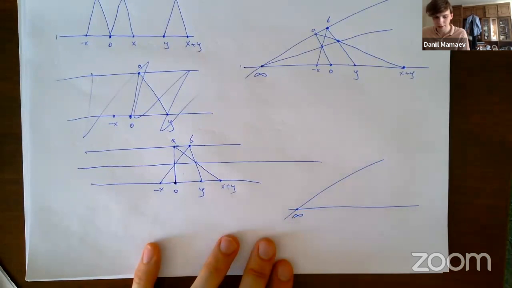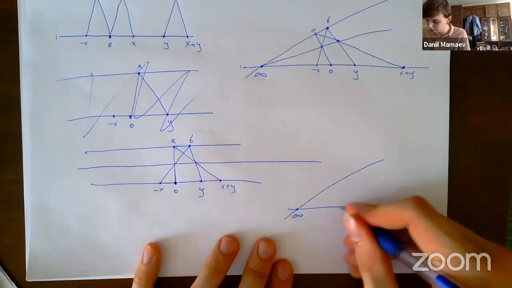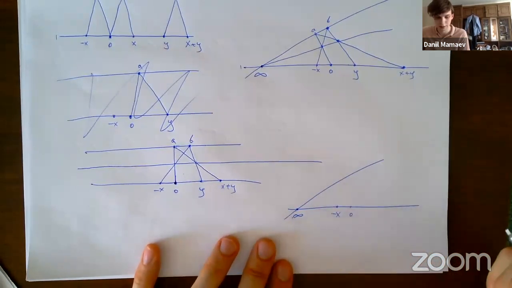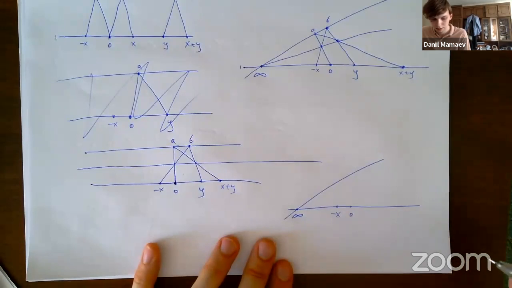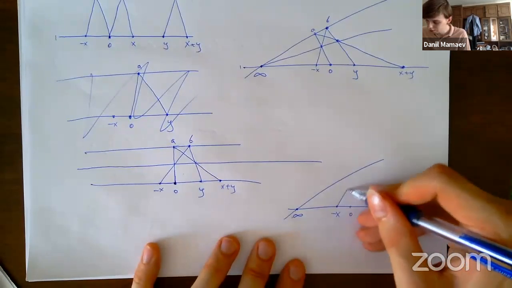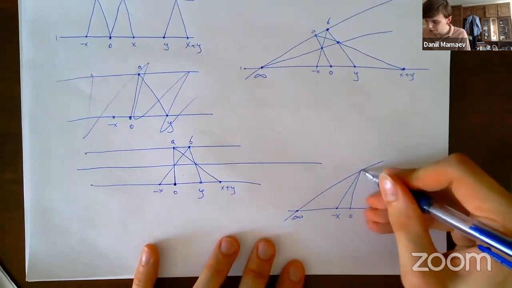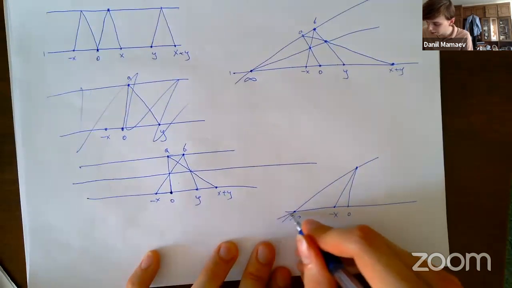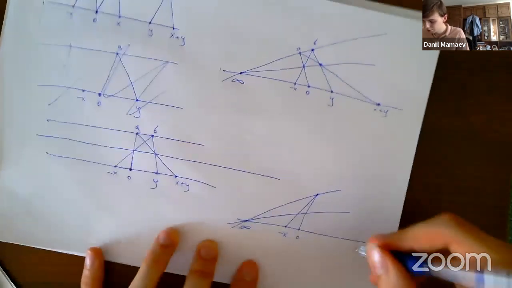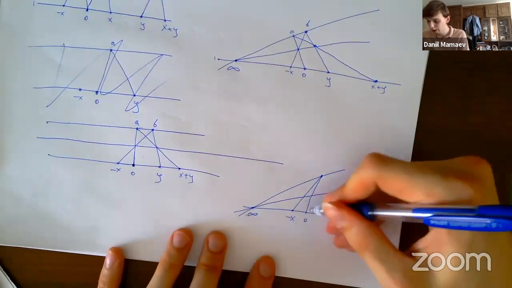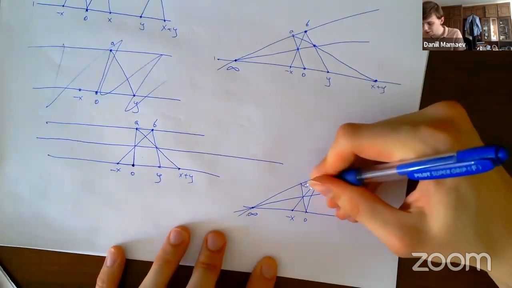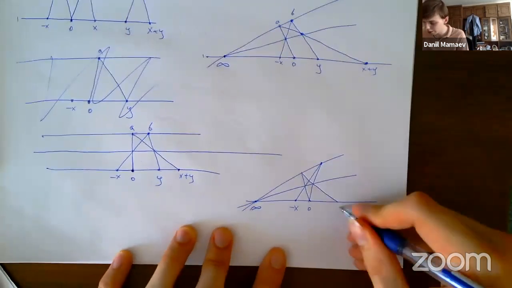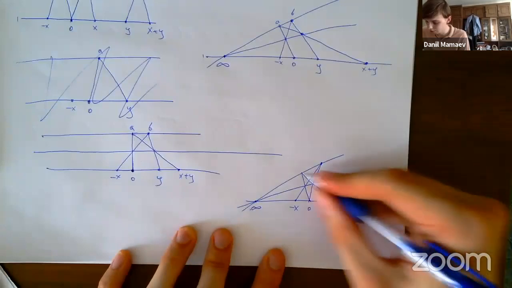And for opposite numbers, the relation is like this. It's infinity, it's 0, it's minus x. You do like this. You draw a line again. You do like this. You do like this. And here you are, you get your x.